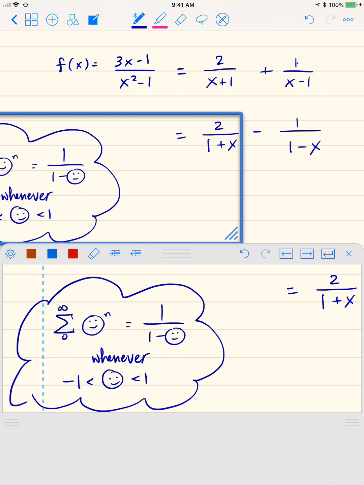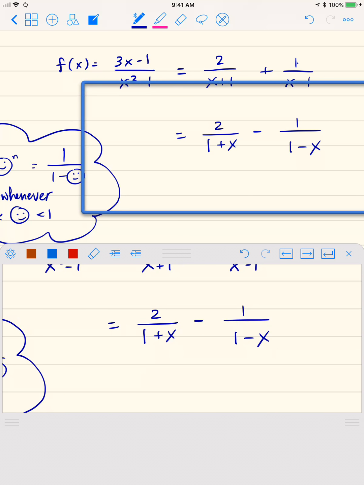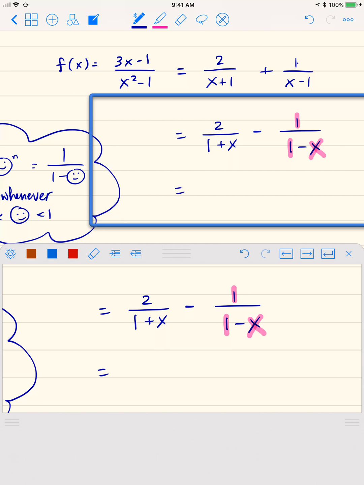So that's the motivating factor for rewriting this, because now we've got 1 over 1 minus smiley face, and so our smiley face is going to be x. And we can do something very similar with this one over here. So we can bring this 2 out, so we'll have 2 times 1 over 1 minus negative x.